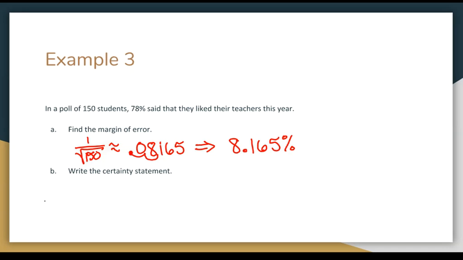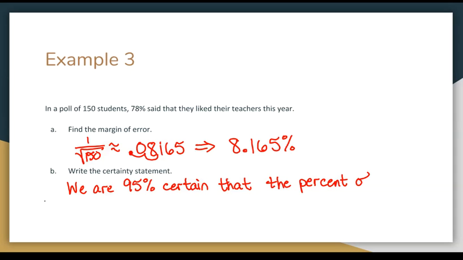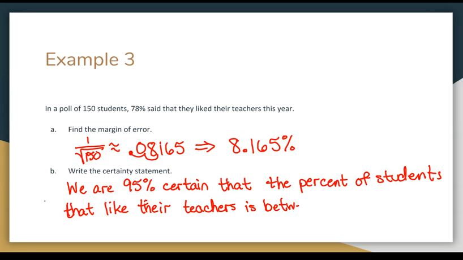So our certainty statement: we are 95% certain that the percent of students who like their teachers is between, we take that 78% and subtract the margin of error, 8.165.